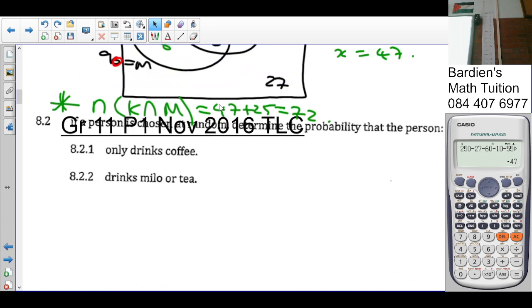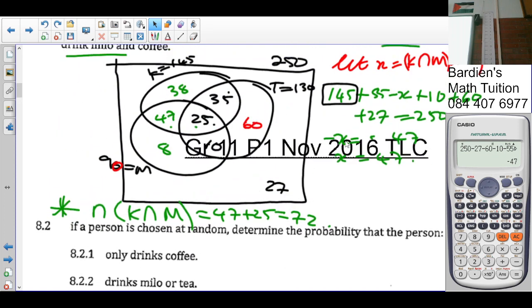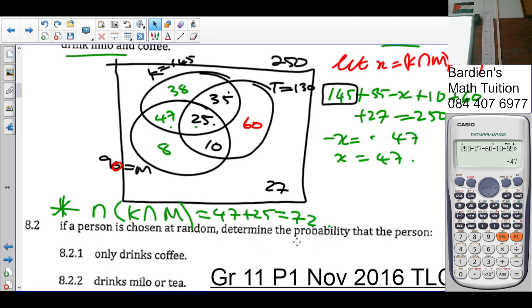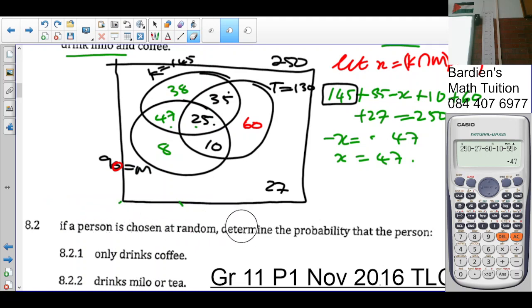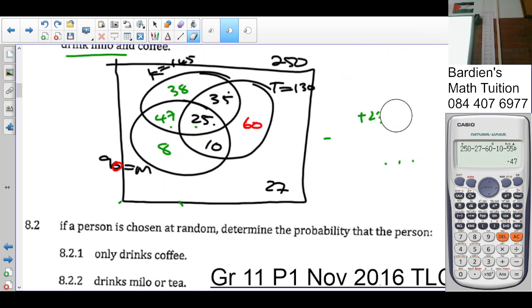Alright, so let's look at the next question. Let's take this off here so we can have some space to work in. So the question now says, if a person is chosen at random, determine the probability that the person only drinks coffee. In 8.2.1, person drinks coffee only.